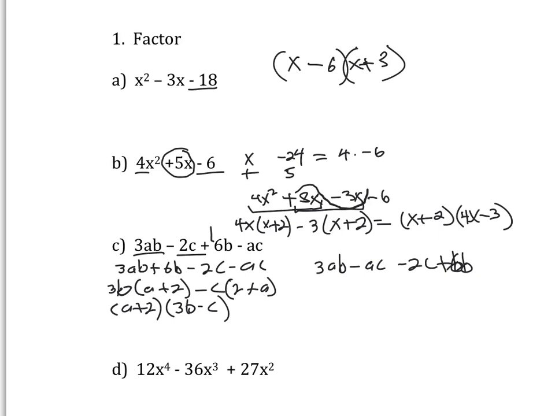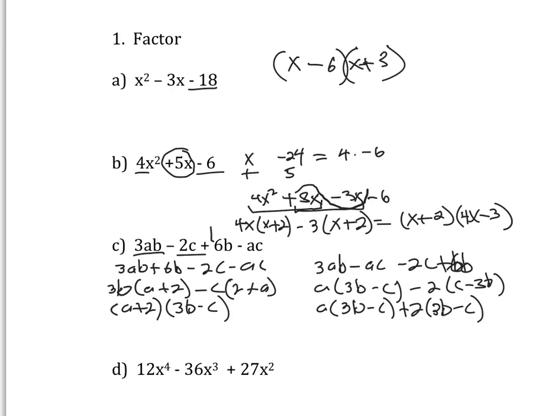That would have given us here a times 3b minus c, and over here we would have factored out a negative 2, which would have left us with c minus 3b, and that's just the negative, or the opposite, of 3b minus c, so we could change this to a times 3b minus c plus 2 times 3b minus c. So we replaced c minus 3b with its negative, and then we replaced negative 2 with positive 2.